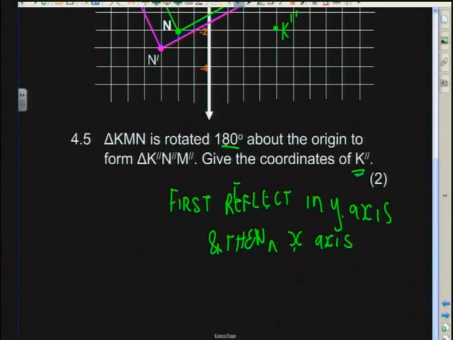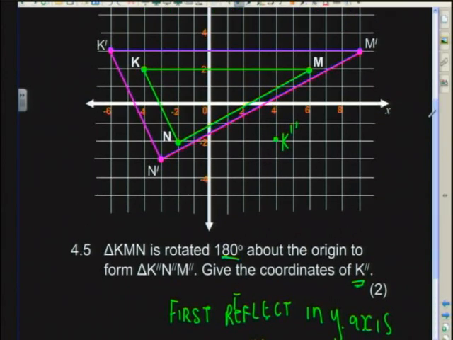So let me show you on the diagram what I'm saying. We've got this point K, which is -4, 2. We're then going to reflect that in the y-axis. I'm just going to use another color there. There we go, that's your y-axis.